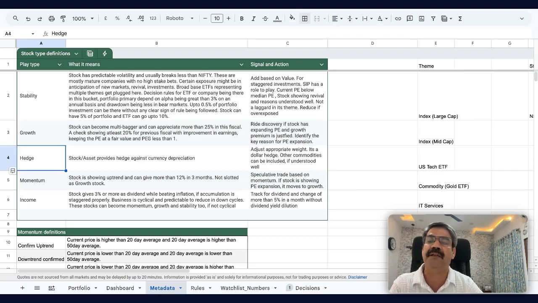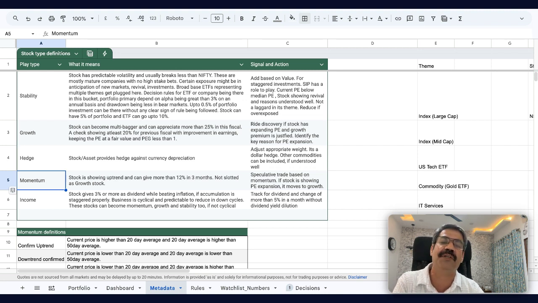I'll talk through that. Then we have hedge, because in the recent past gold and silver have given exceptional returns, and it is always better to have a hedge against currency depreciation. That's where the traditional thinking comes in: have some gold in the portfolio. Then the markets are continuously moving, and sometimes there is a stock which doubles in the next quarter or so.